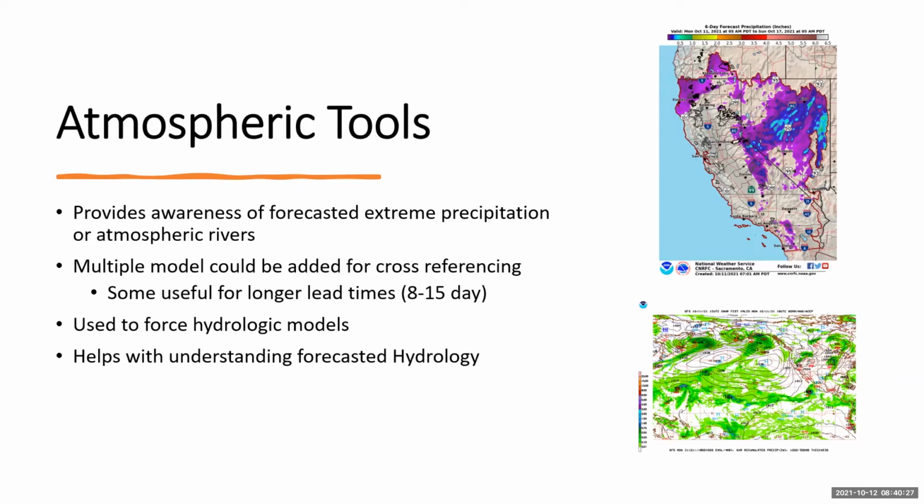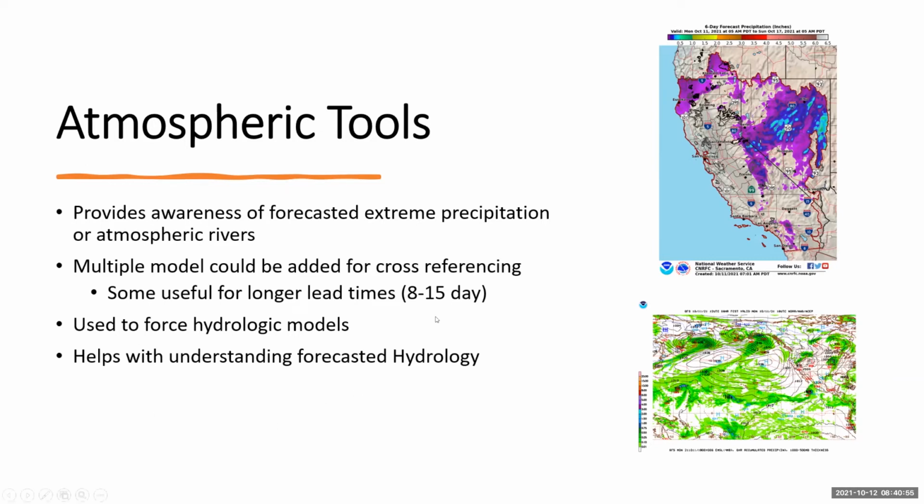And so if you actually see some consistency in what the models are showing, then you can have higher confidence in that event actually happening. If you see models disagreeing and not representing the same thing, then more uncertainty is introduced in that event.